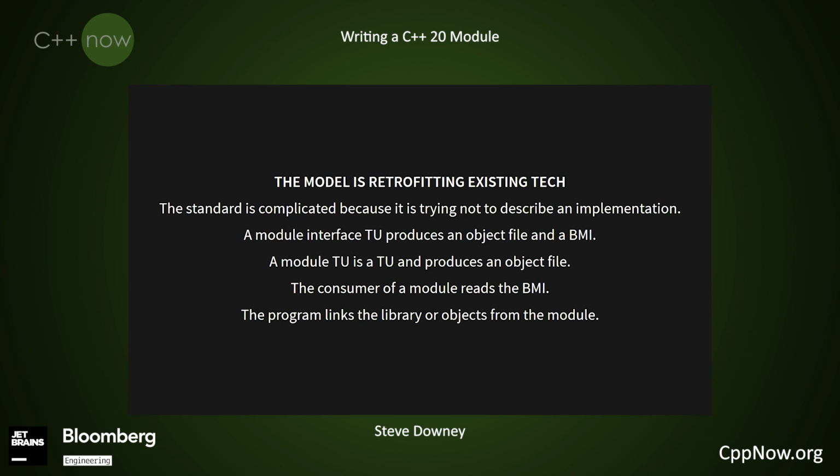A module implementation unit is a translation unit. That's why it produces just an object file. The consumer of a module reads the binary module interface, and a program links either the library or objects from the module.